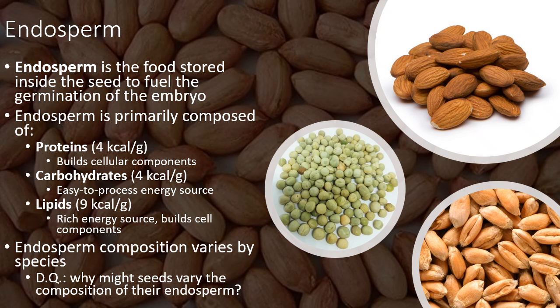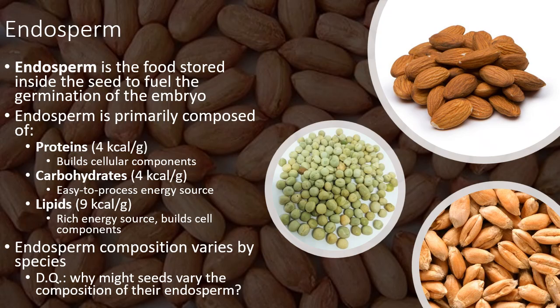So when we look at these different seeds here, we should be able to recognize all these seeds as popular foods for human beings because we like to eat seeds for the same reason that the seeds like to store food. I mean, it's food, right? So when we look at these almonds, for example, almonds are primarily protein and fat.